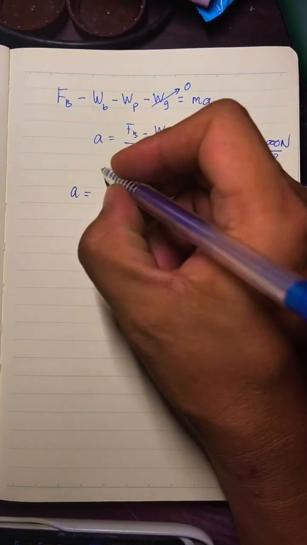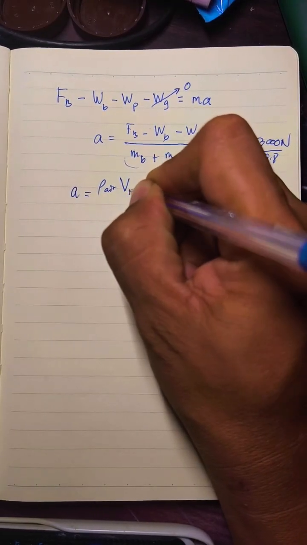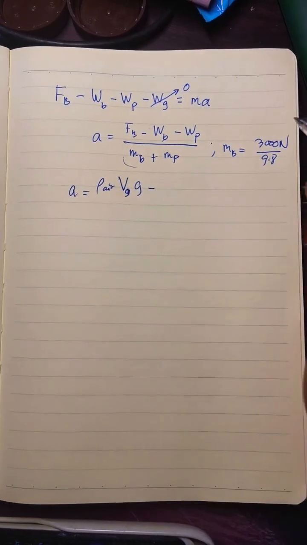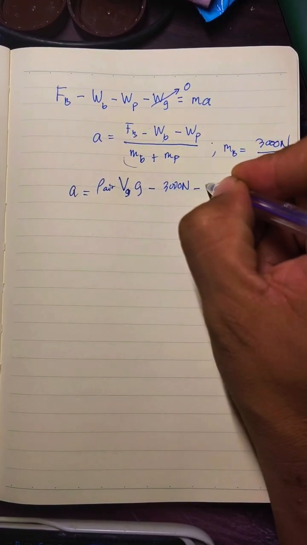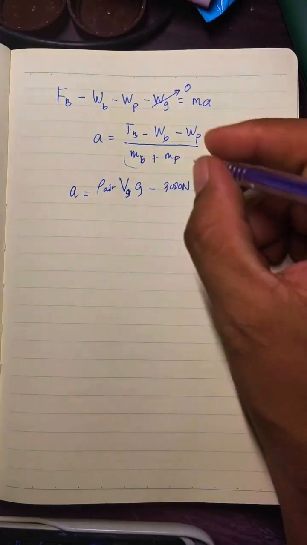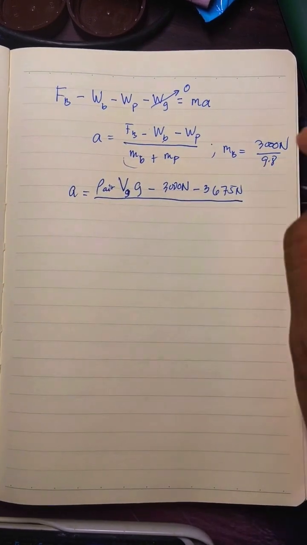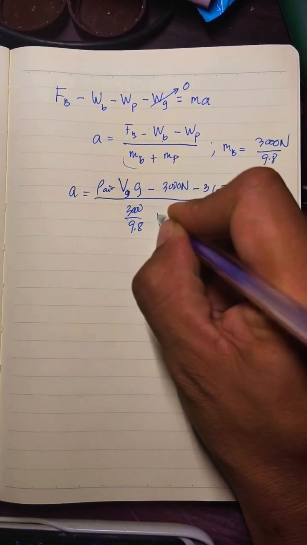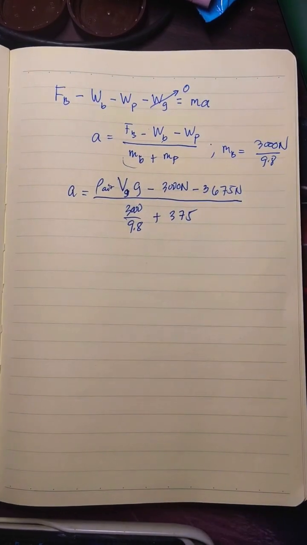what's the buoyant force? Let's calculate the buoyant force again. That is the density of the air times the volume of the gas times g, minus the 3,000 newtons, minus 3675 newtons, over 3,000 over 9.8 plus the mass of all the passengers, which would be 375.